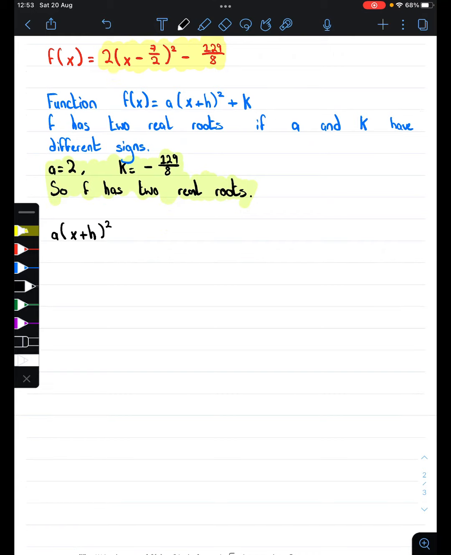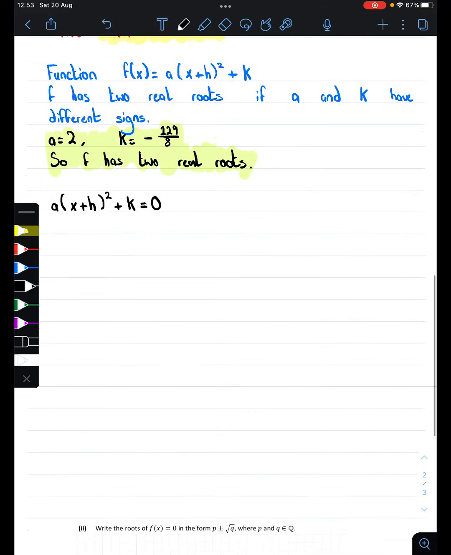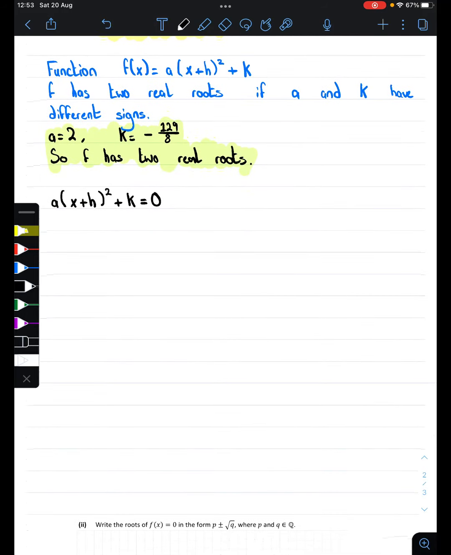So, a times (x plus h) squared plus k. When does this have real roots? If we allow this to equal 0, we can investigate its roots. Now we want to solve for x, and it's actually not that hard to do. We bring over the k: a times (x plus h) squared equals minus k.